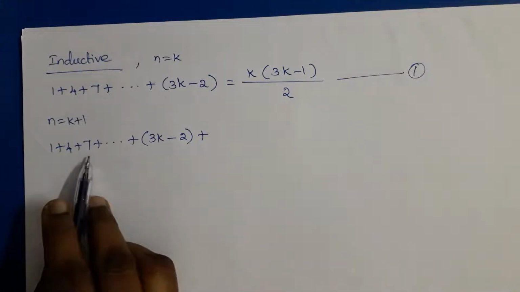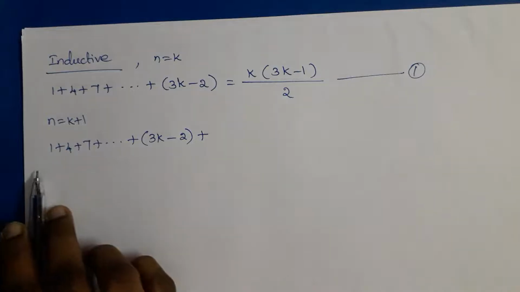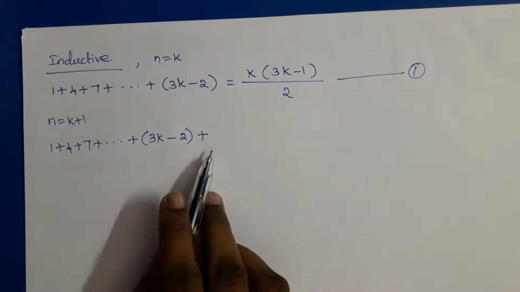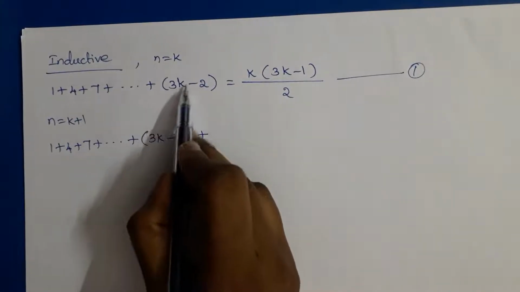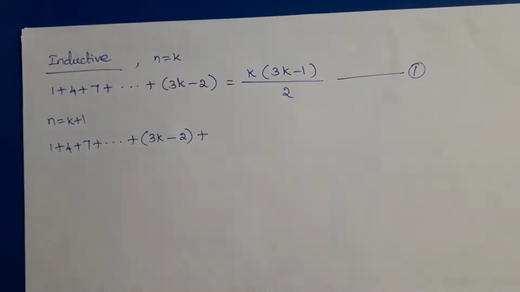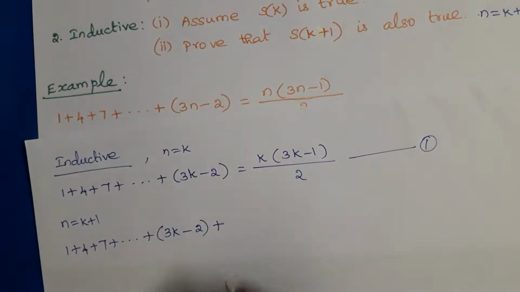First term, second term, third term up to the kth term, then k plus 1. So the left hand side of the equation should be expanded till the k plus 1th term. Now instead of n, we need to substitute k plus 1 in the equation.